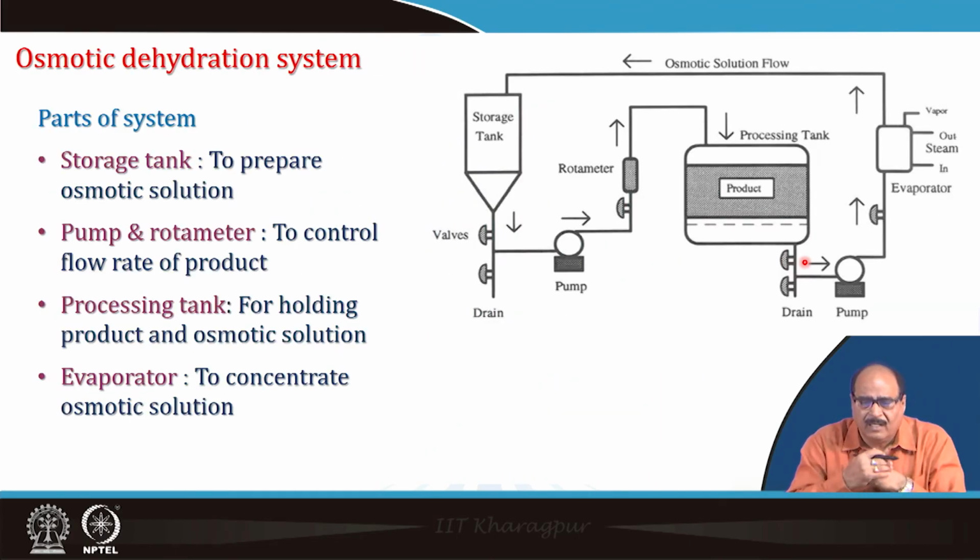Okay. So here an osmotic dehydration system is shown in the schematic. You can see there is a storage tank which is used for the preparation of the osmotic solution, and then with the help of suitable pumps and rotameter, the osmotic solution is supplied into the product processing tank where the prepared vegetables or fruit are put. The rotameter controls the flow rate, and the processing tank holds the product and osmotic solution.